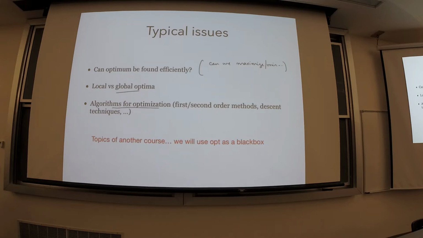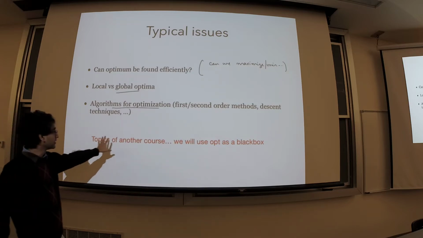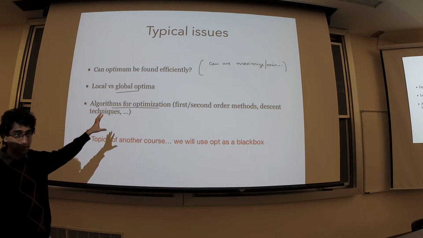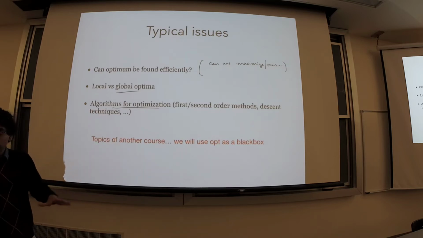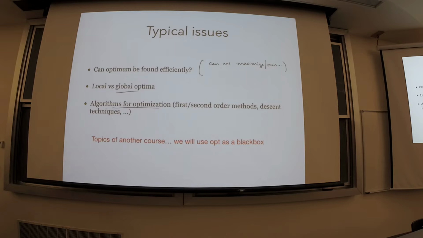As I was saying, this is a topic of a full course, so we will not go into the details of optimization. For now, let's think of optimization as a black box that people have developed algorithms for. Our goal will be to use this black box for interesting algorithmic problems. We are going to see some examples of that.